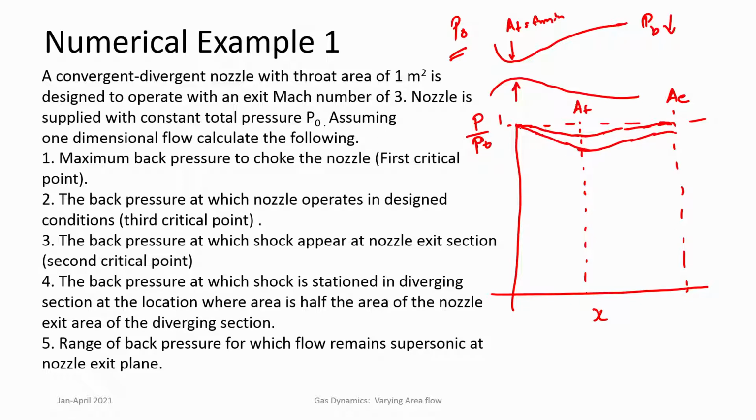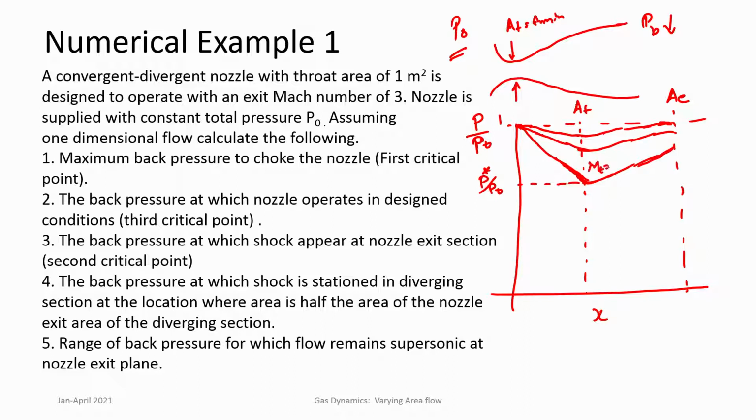There is a particular point when you reduce the back pressure to such an extent that at the throat you achieve P star by P naught. Once that is achieved, that is you are able to reach the critical pressure, then Mach number at the throat becomes equal to 1.